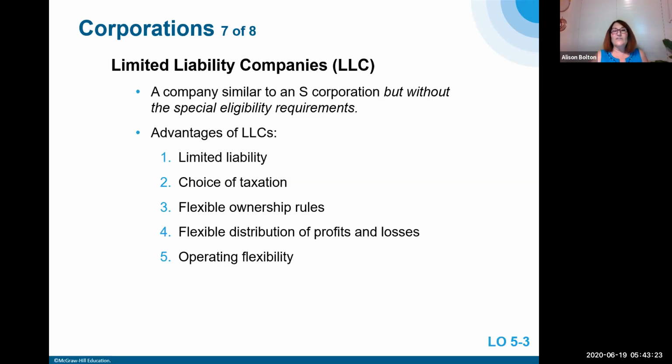So the advantages of the LLCs is you have limited liability, like the corporation umbrella. You have a choice of taxation. That means you can do one or the other if you want. You can do your 1040 with your Schedule C, but you can also do the corporate tax return and keep your private business private from the business, the corporation.